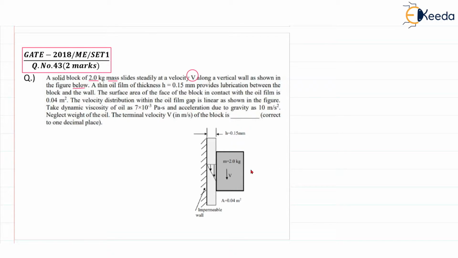A thin oil film of thickness H equal to 0.15 mm provides lubrication between the block and the wall. The surface area of the face of the block in contact with the oil film is 0.04 meter square. The velocity distribution within the oil film gap is linear as shown in the figure. So this is your velocity profile. You can see here a linear velocity profile.